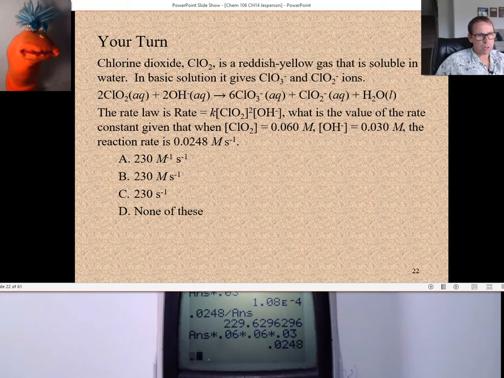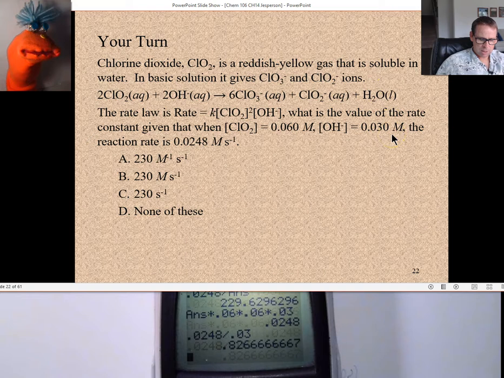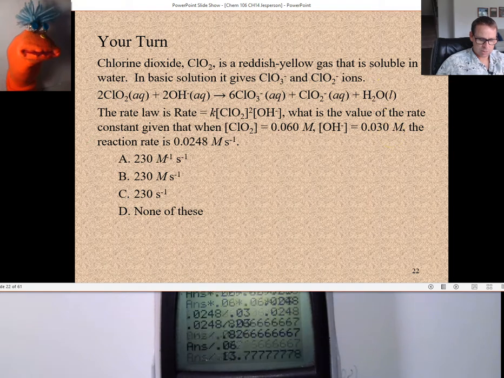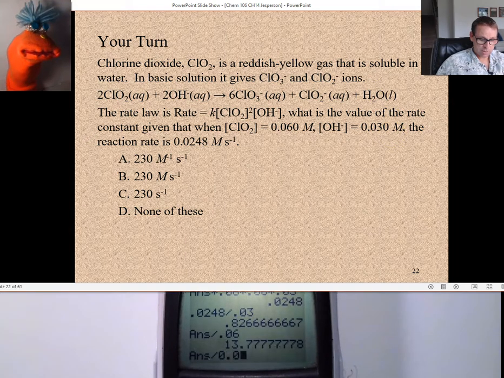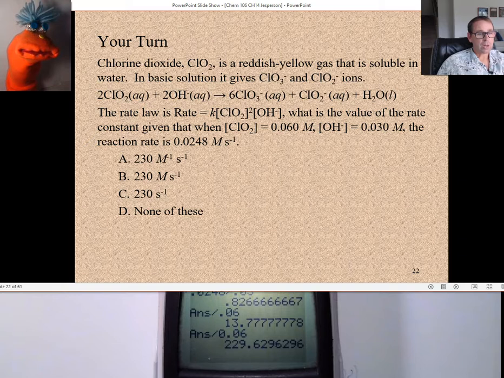On the left, we got 0.0248, and we're going to divide that by, I'll take this over there first, 0.03, and then we can divide by 0.06 twice. All right, so we get 230. Oh, look, they're all 230.